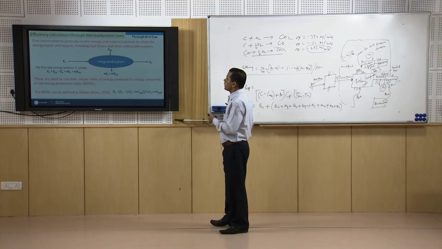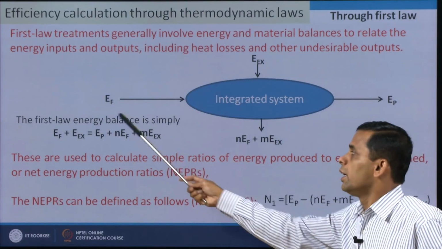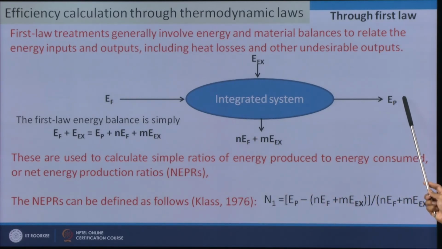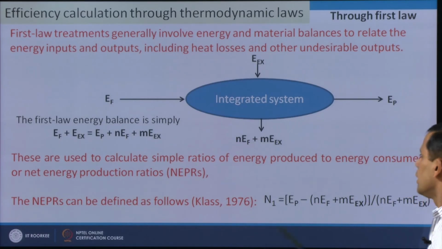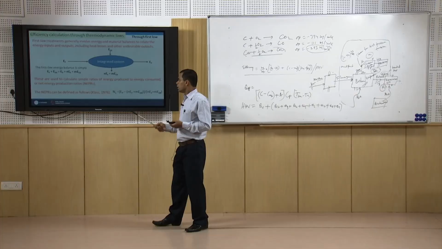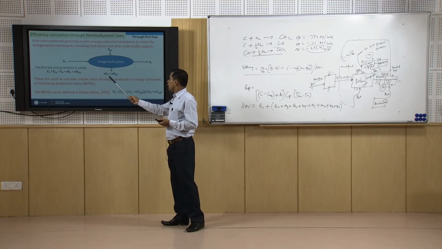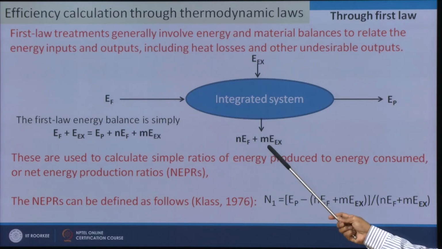These are the thermodynamic laws which can be used to understand the efficiency. For example, in this process, if we use EF, the energy of the feed, and EX, external energy, we get product energy EP. Then one parameter has been considered, that is NEPR, net energy production rate. For the first law, the net energy production rate is equal to EP minus NEF plus MEX, divided by NEF plus MEX.